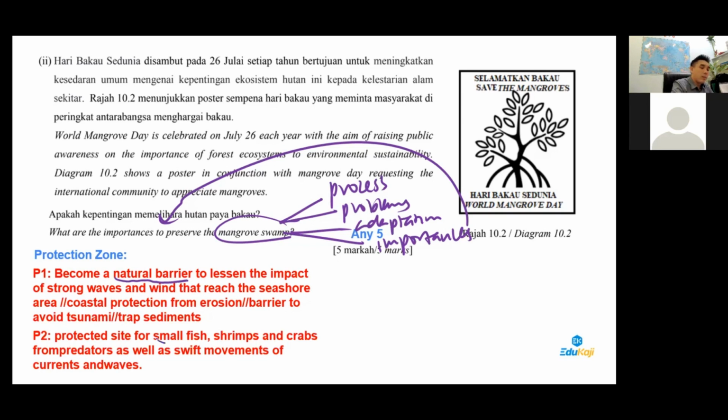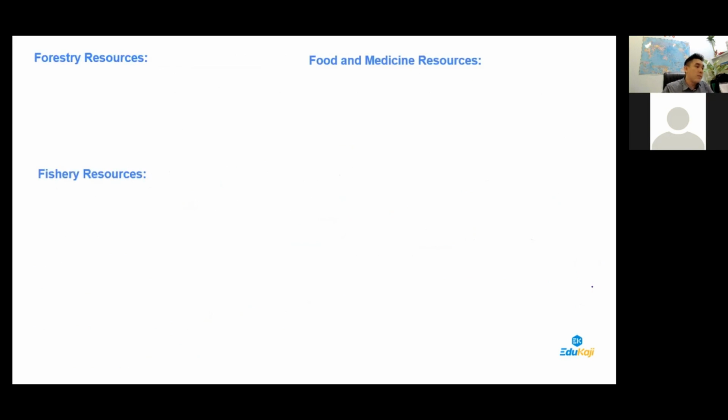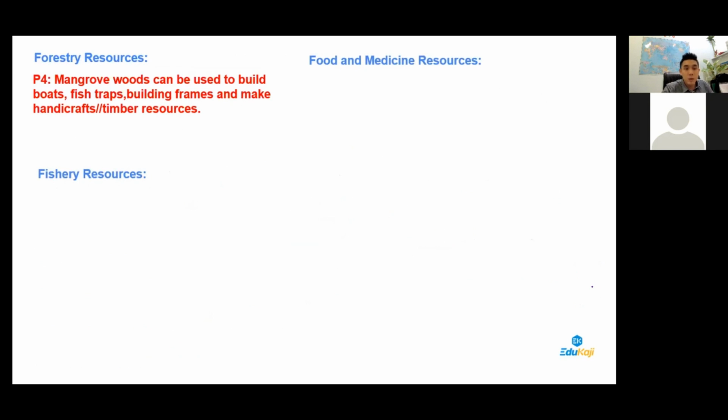And also for aquatic organisms. I feel this one is not too important. In terms of forestry resources, they supply wood, and mangrove wood can produce charcoal. Why they call it renewable resource is because you can plant the trees again, guys.